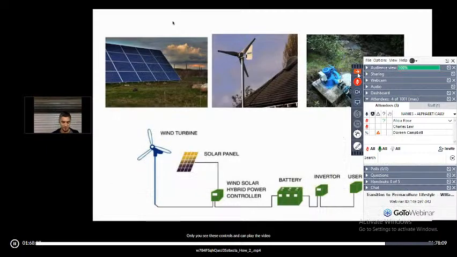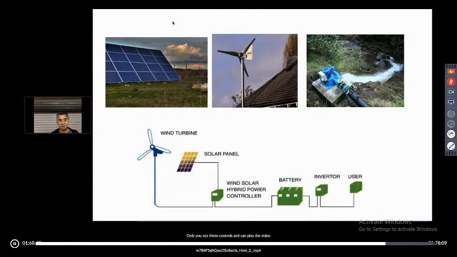And the thing is that no single source of this energy will work best in all situations. So rather, a combination of some of them would be great. When you have sun, you don't have wind. When you have wind, you don't have sun, for example. And the stream, sometimes you have the stream the whole year, or sometimes you don't have it.